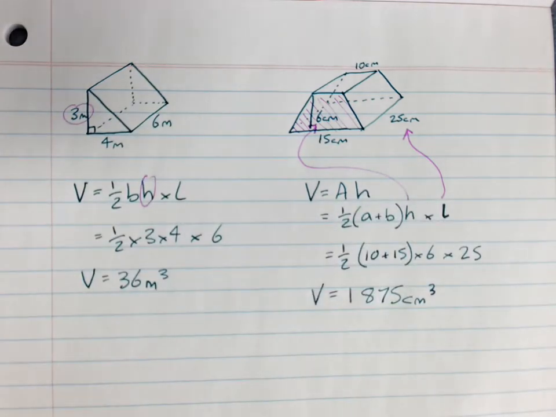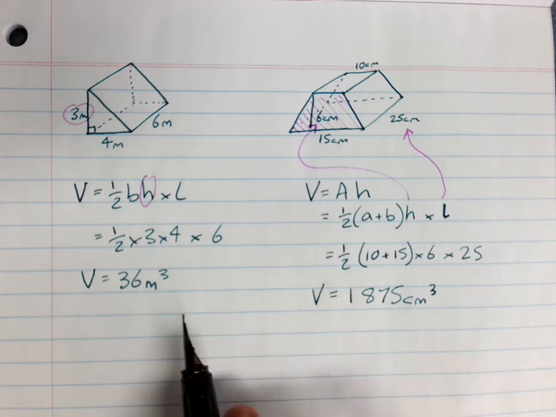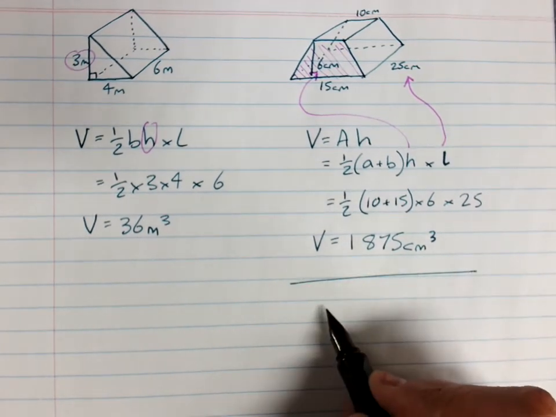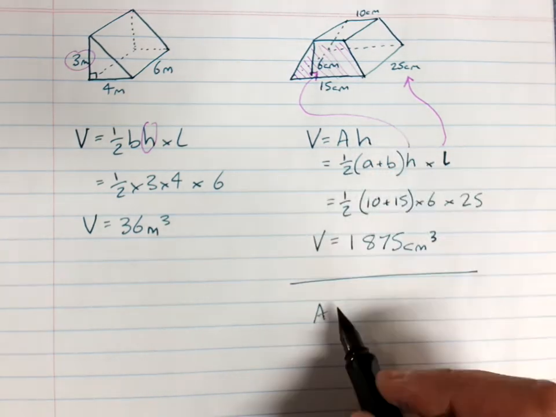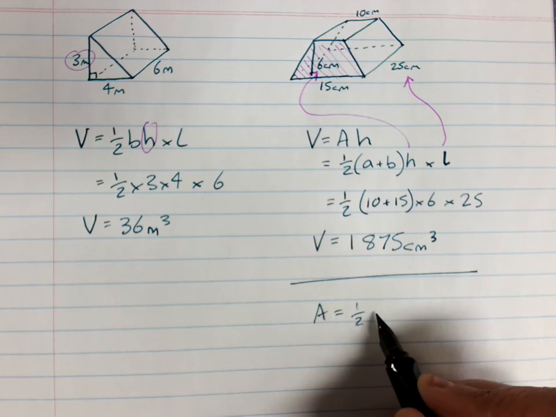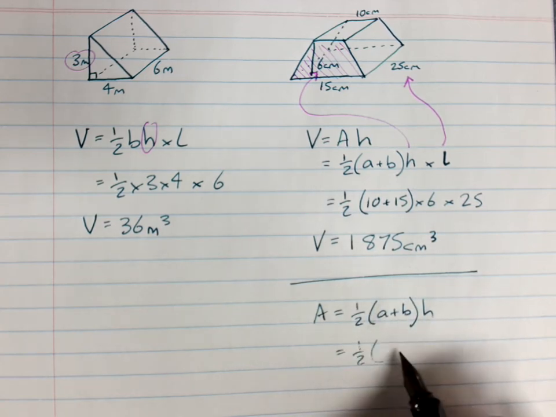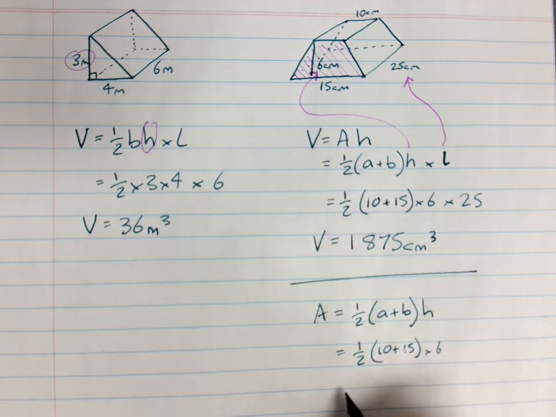Now, if you would prefer on this one, if you're happy with that, I'd stop there, go do your work. If you would prefer, we know I need volume as area times height, but it gets a little confusing, so you can just do area is half of a plus b times height. That's half times 10 plus 15 times 6, which works out as 75 centimeters squared.